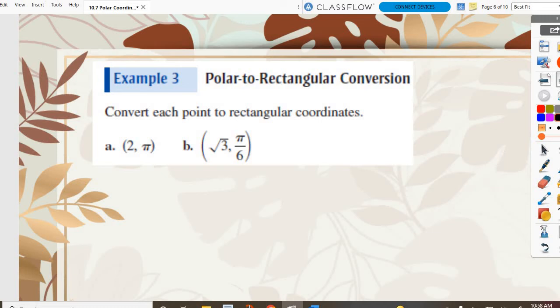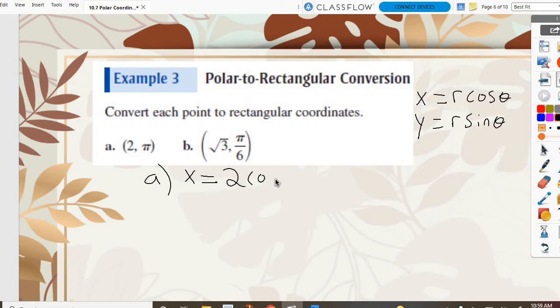It says convert each point to rectangular coordinates. So what are our formulas? x equals r cosine theta, and y equals r sine theta. So for part A, x is going to equal, what's our r value? 2. What's our theta value? Pi.